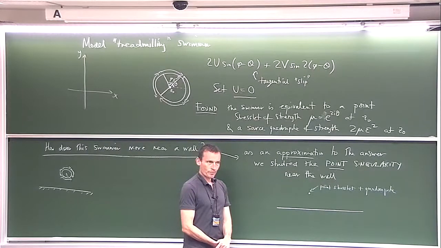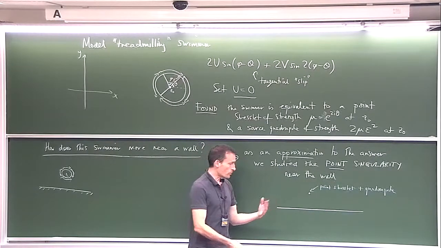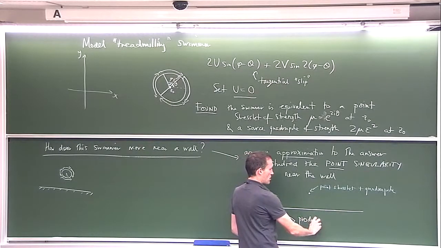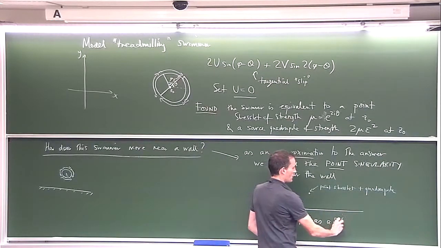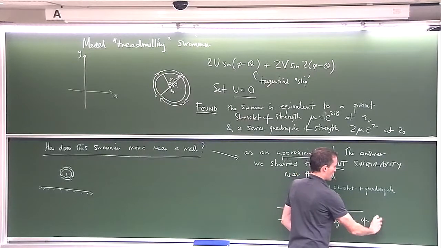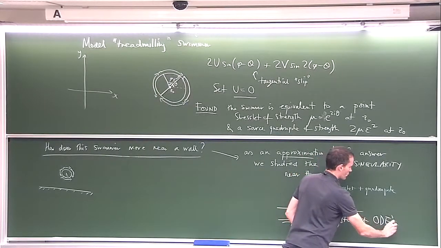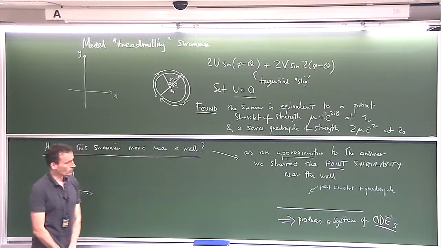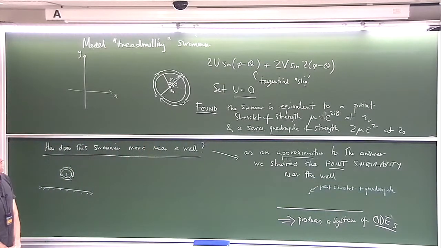Remember? And I was able to produce a system of ODEs, or a dynamical system. But this is really what we have to study if we wanted to answer that question.